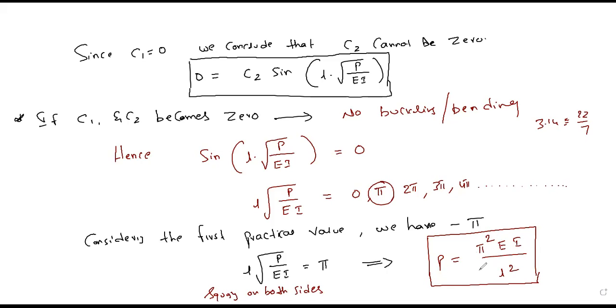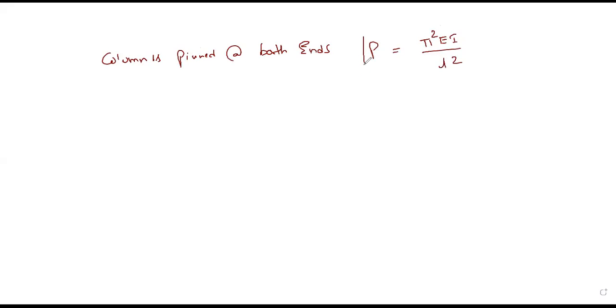So this is Euler's formula for the end condition where the column is pinned at both ends. So what is the formula? When the column is pinned at both ends, P is equal to pi square EI by L square.